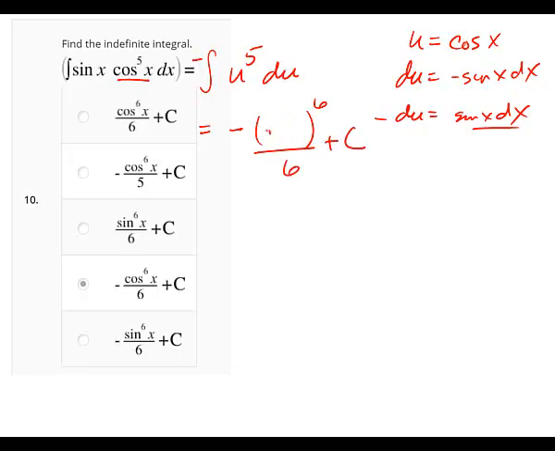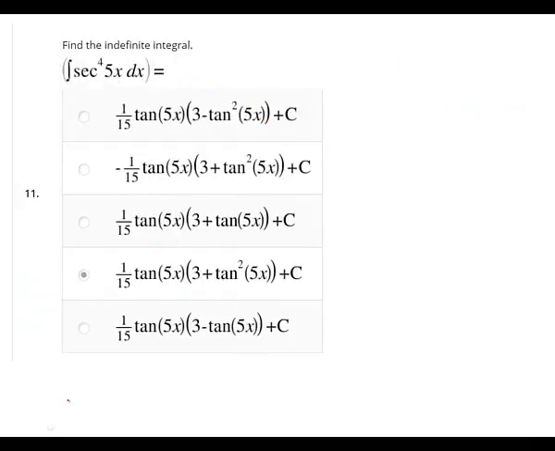And I'm putting in cosine x. I've already pre-bubbled the answers for us on this, so we know if we're getting it right or wrong. All right, we good with 10? Yeah? All right, so I'm just going to keep going with 11.